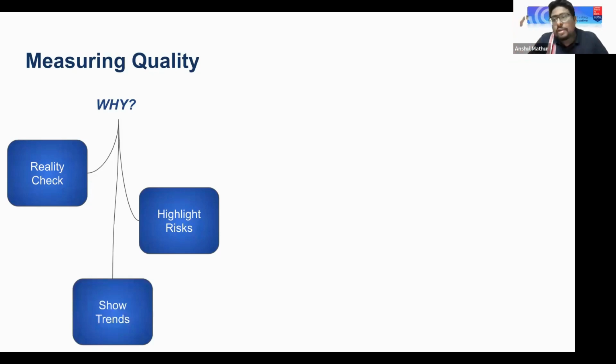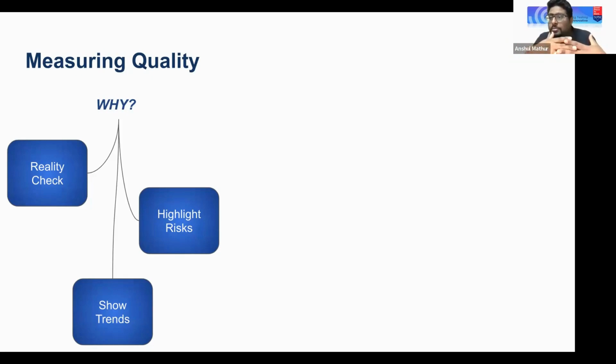And the last, and one of the most important reasons, is showing the trend. When you start capturing facts around quality, or you start measuring quality, over a period of time it becomes a trend. Now a trend or a pattern can easily help in figuring out the focus areas. So let's say there's a declining trend on the automation coverage.